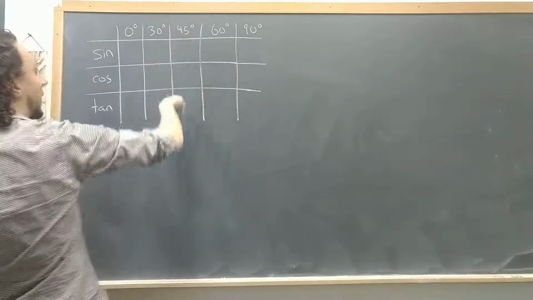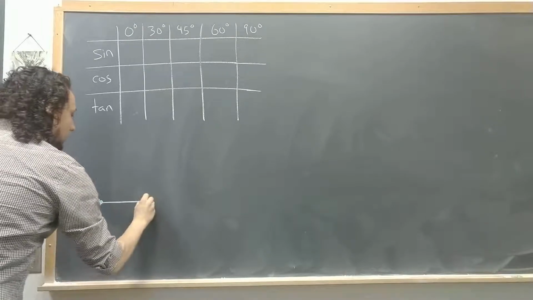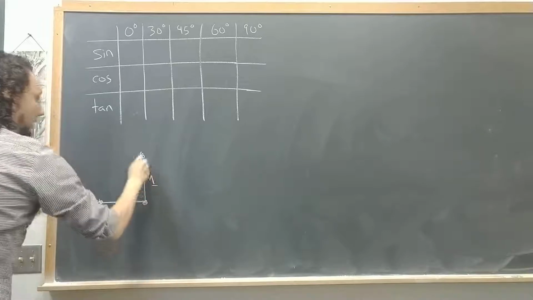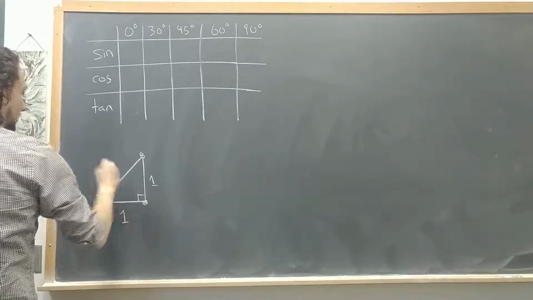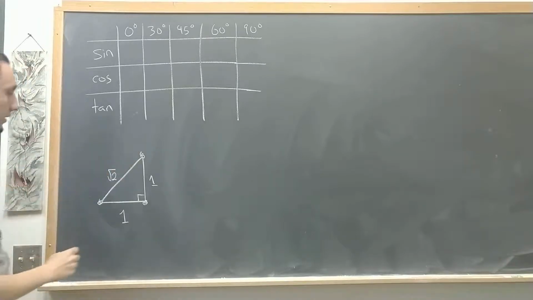And actually 45 degrees is something that we've already looked at in a previous video. That was where I drew a triangle of side length 1 and side length 1, a right angle triangle, which then gave us the hypotenuse side length √2 by an application of the Pythagorean theorem.